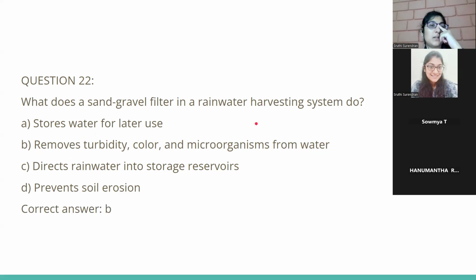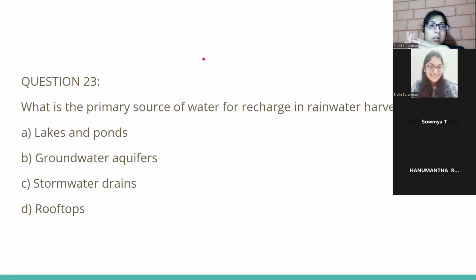The correct answer is option B. It is removing turbidity, color, and microorganisms from water. Now, what is the primary source of water for recharge in rainwater harvesting?